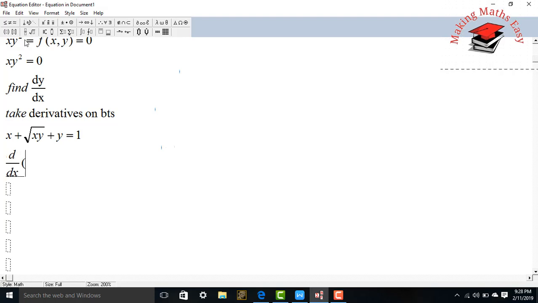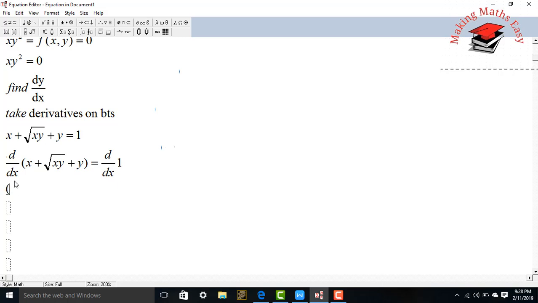So after taking the derivative on both the sides, we will get d upon dx of this particular function, which is equal to d upon dx of 1, as we know that the derivative of a constant is always 0 in this case. So we will solve it further.